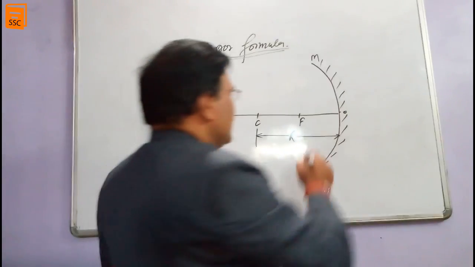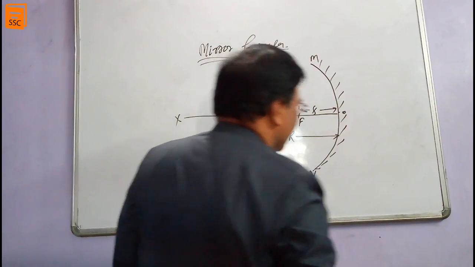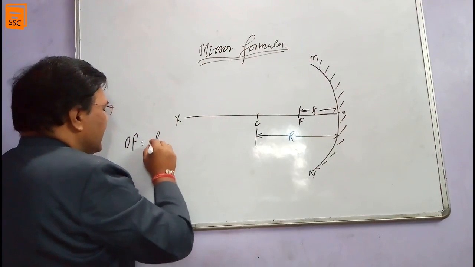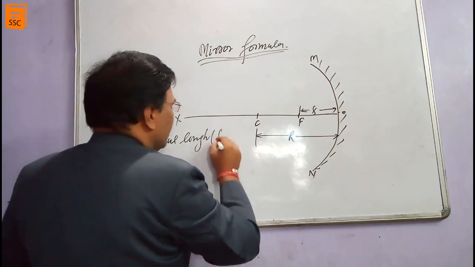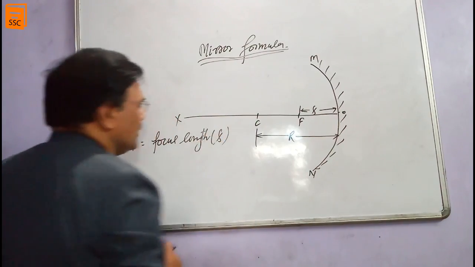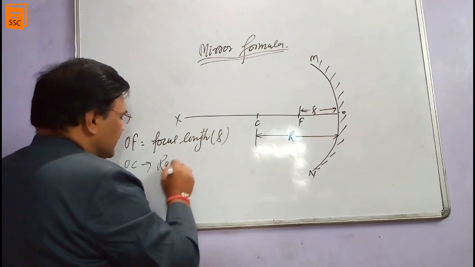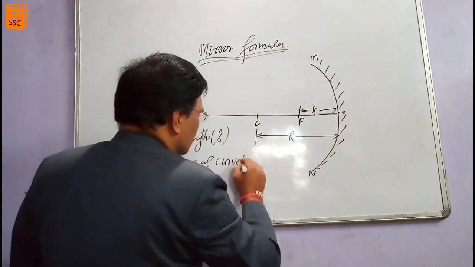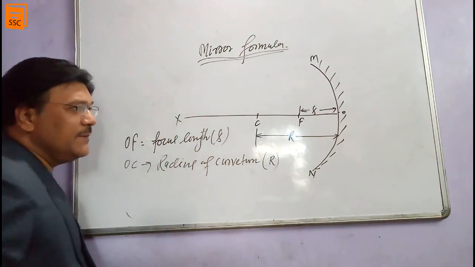OF is the focal length, denoted by F, and OC is the radius of curvature, denoted by R.